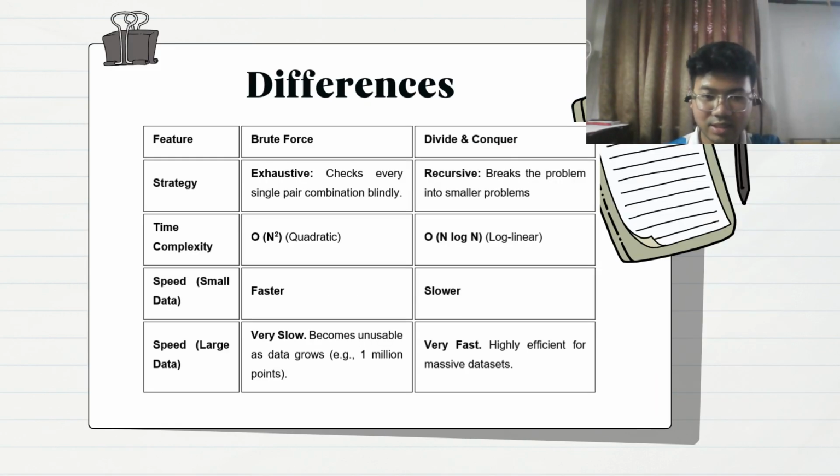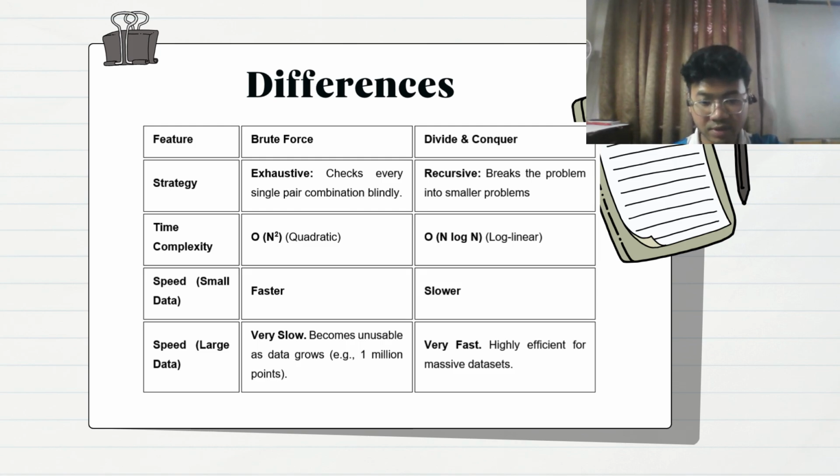So now let's compare brute force and divide and conquer. Brute force checks every possible pair, which is simple but inefficient, while divide and conquer splits the problem into smaller ones and only checks the necessary points.